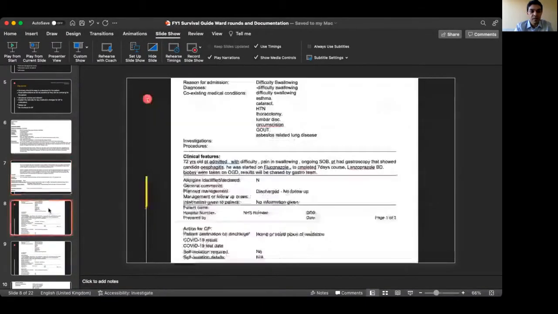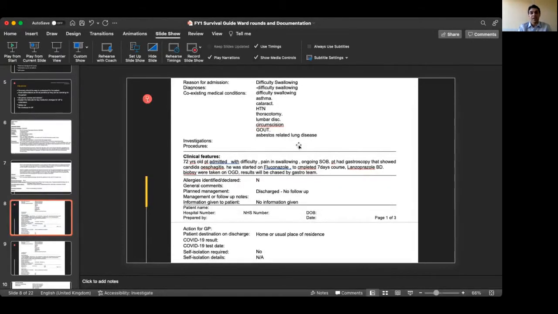I can't see it. Chat, can you see the slide? Yeah, I can see it. There seems to be a general consensus they can see it. It might just be my screen. You carry on, Hamza. All right, okay.